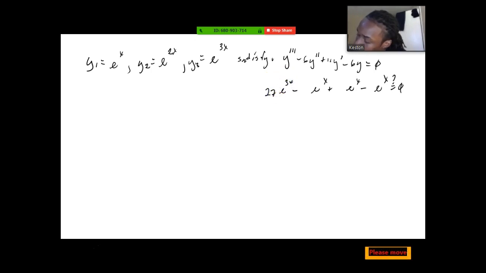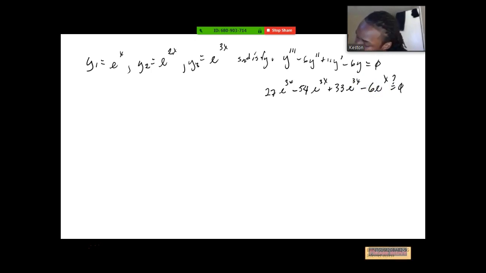Minus 6 times 9, that's minus 54e to the 3x. And y prime, 11 times 3, is 33e to the 3x. And then that would just be a minus 6.